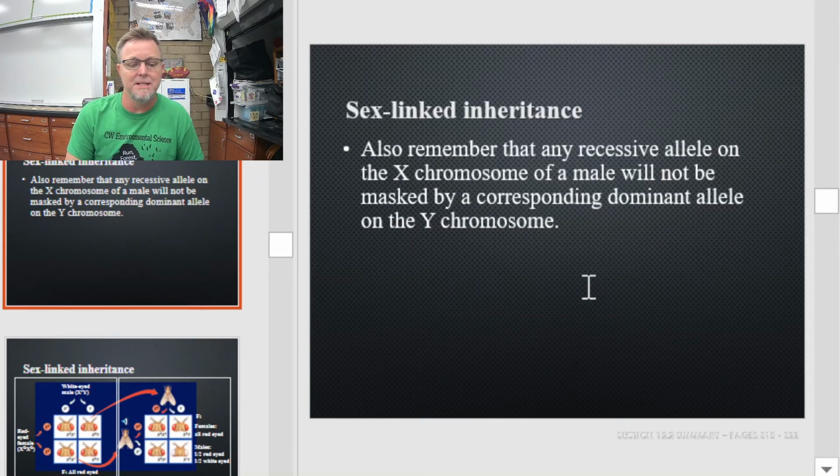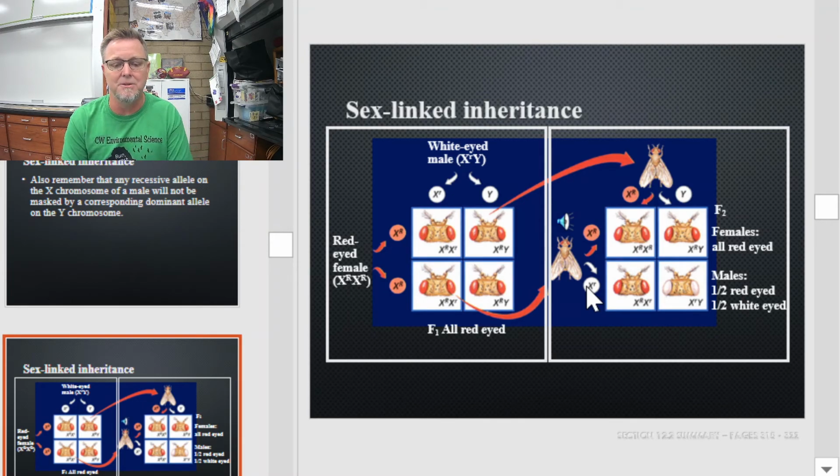So just to give you an idea, here's a Punnett square that shows eye color in fruit flies, okay? So eye color is a sex-linked trait in fruit flies, and you have a red-eyed female being mated with a white-eyed male.